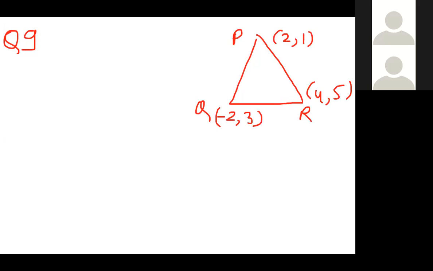Find the equation of the median through the vertex R. This is the median from vertex R. Now the properties of a median: a median bisects the opposite side. This point is S and we are going to calculate its coordinates. So it will be the midpoint.